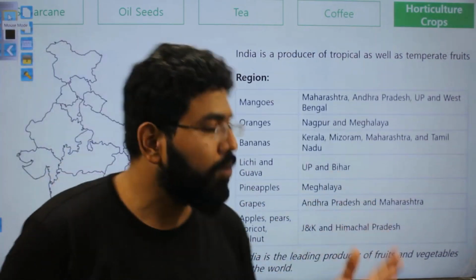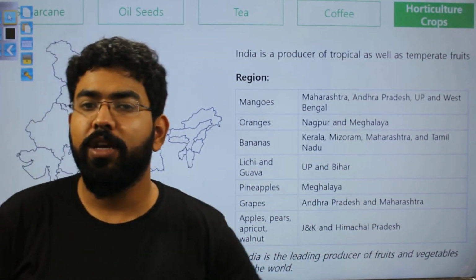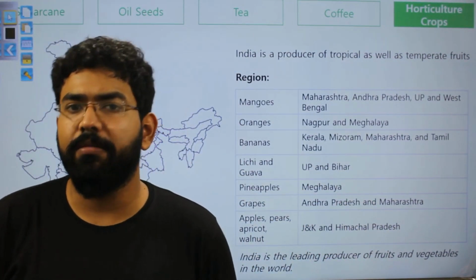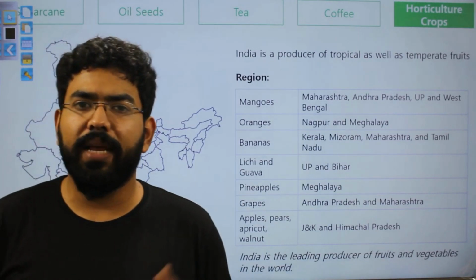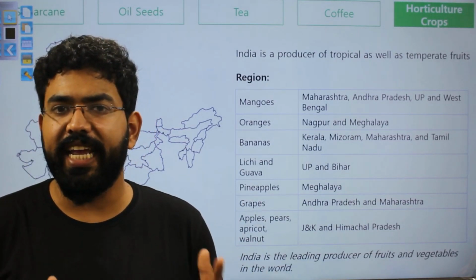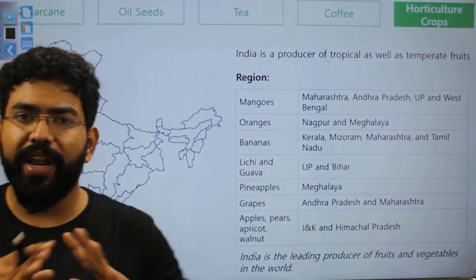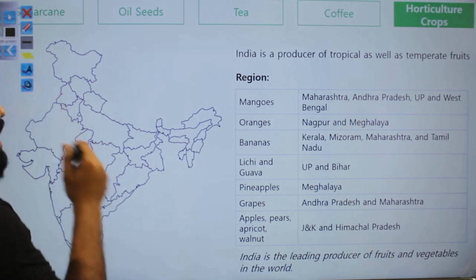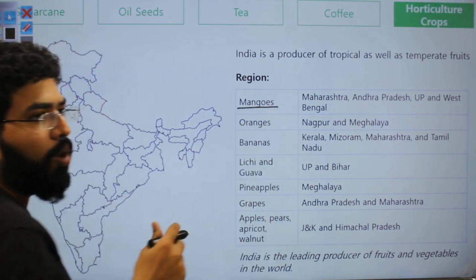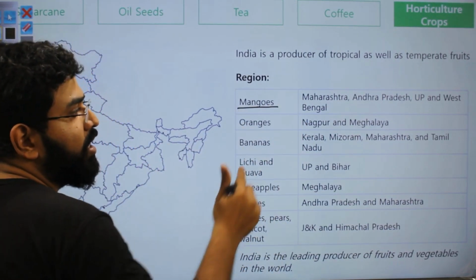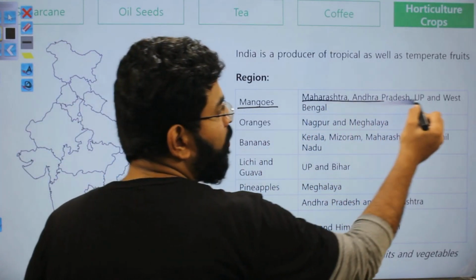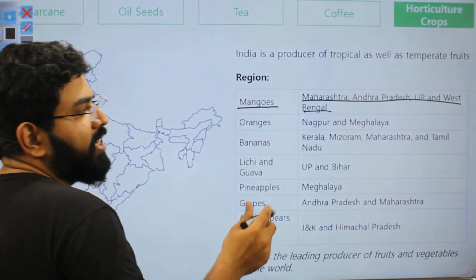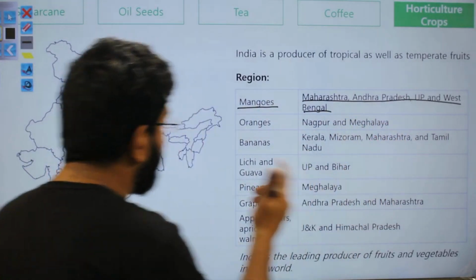Now, coming to our various horticulture crops. Horticulture crops are fruits and vegetables. We have various fruits like mangoes, apples, lychee, grapes, oranges. Like our mangoes, as we all know, our Alfonso mango is famous. Then we have some other mango varieties found in various regions like Maharashtra and Andhra Pradesh.